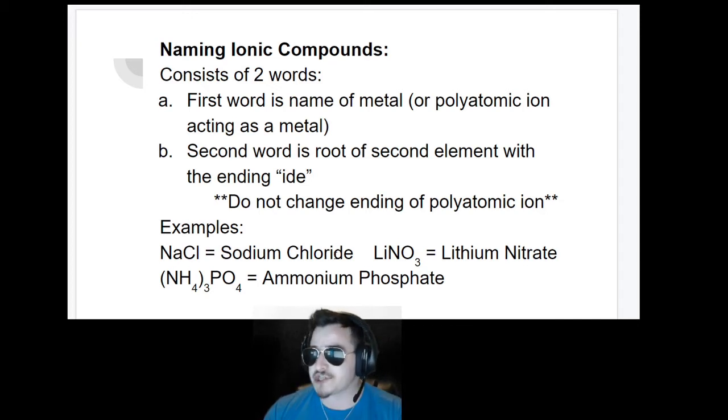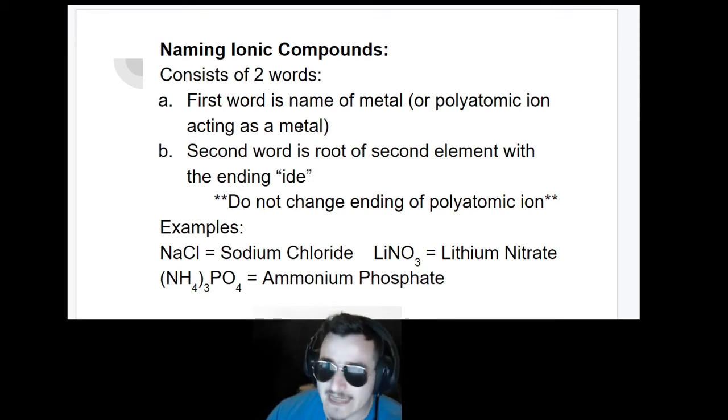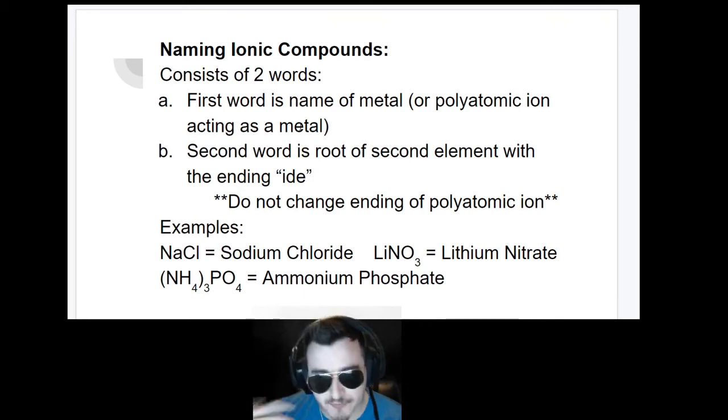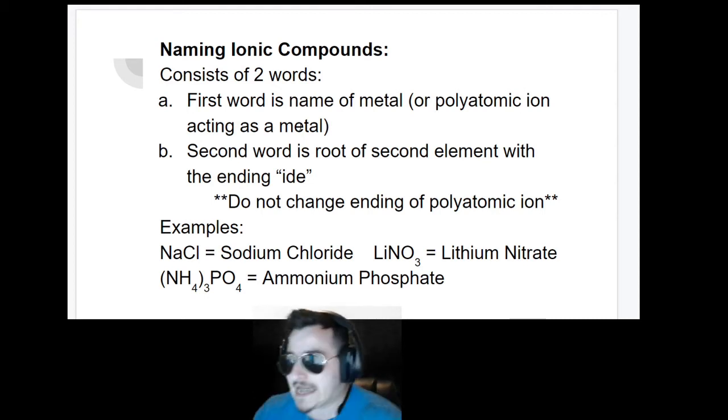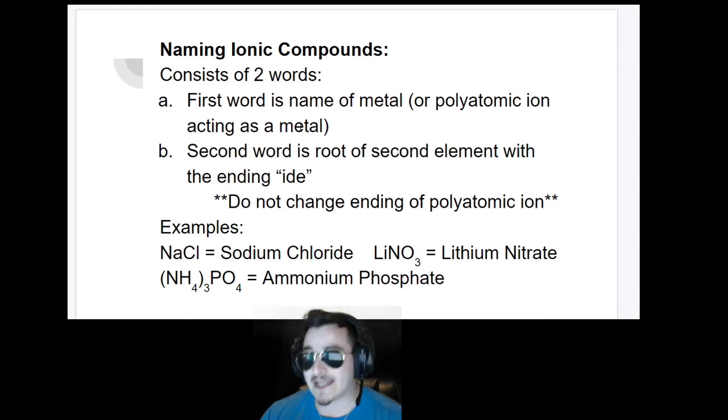And of course there's situations for that, but traditionally no. And traditionally the nonmetal, the lady, does change her last name once they get married, okay? So I always think of it that way. So in this ionic compound between a metal and a nonmetal, not a polyatomic ion, the metal never changes their name and the nonmetal changes their last name to IDE. Doesn't take too much practice there because it's whatever the root of the element is, then IDE. That's it. Okay?